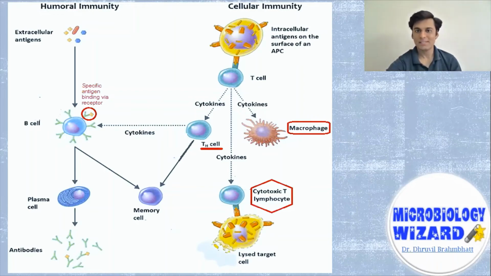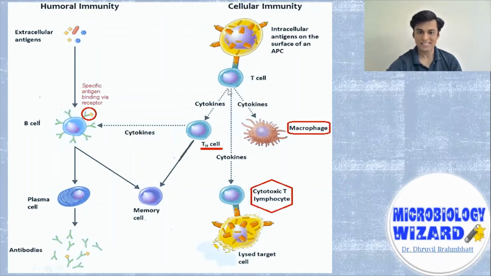Now let's understand cellular immunity. When an intracellular antigen is bound on the surface and displayed by antigen presenting cells via MHC processing, such as dendritic cells or macrophages, in the first step, the T cell binds to the MHC antigen complexes on the surface of infected cells, activating the T cell with cytokine receptor.